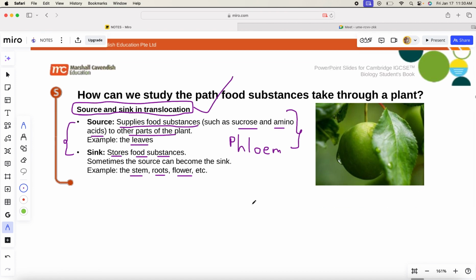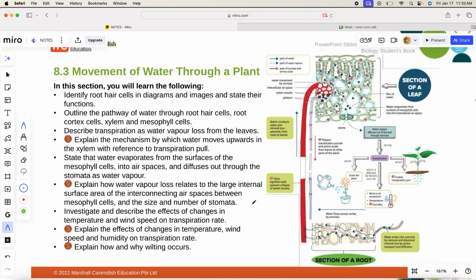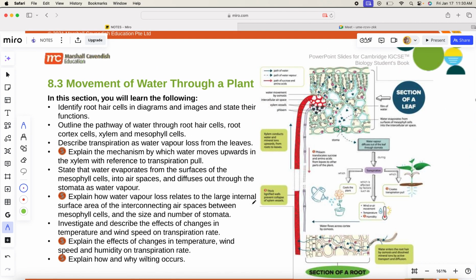Now let's move on. Now we are in 8.3, the movement of water. We are done with translocation. I hope we go back to the chapter and go through it so that we can get a comprehensive understanding or a refreshment of what we described. Now we want to talk about the movement of water. The movement of water leads to what we call transpiration.